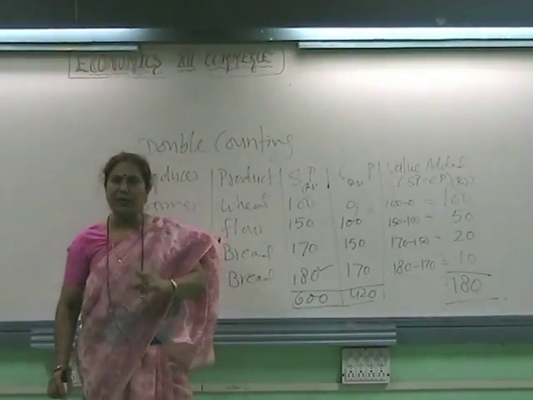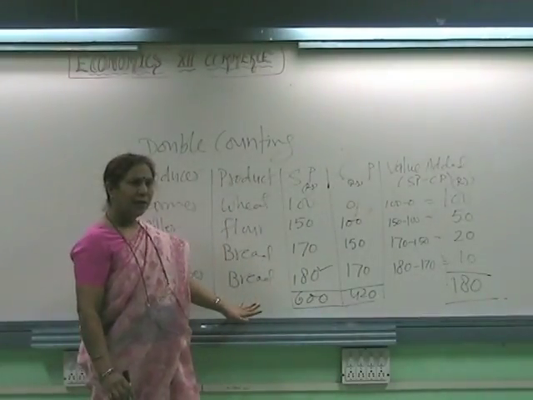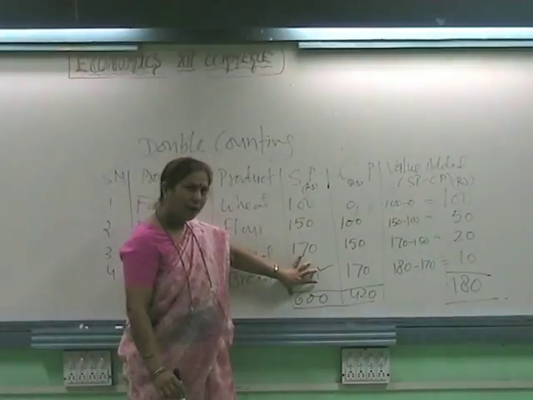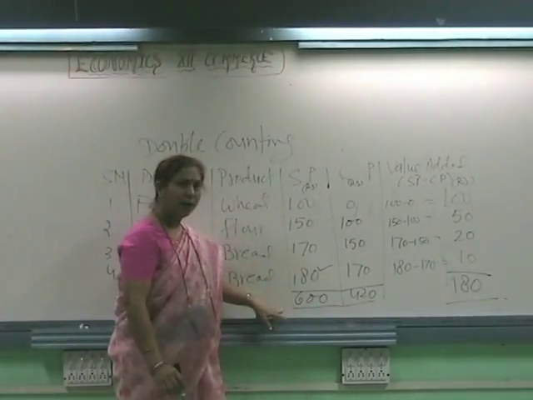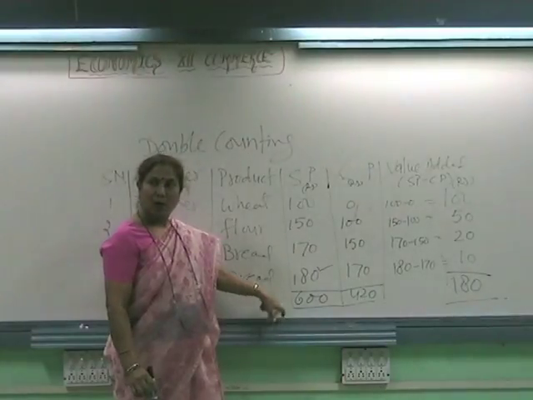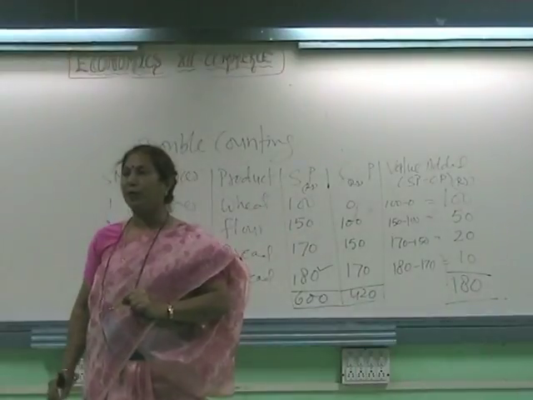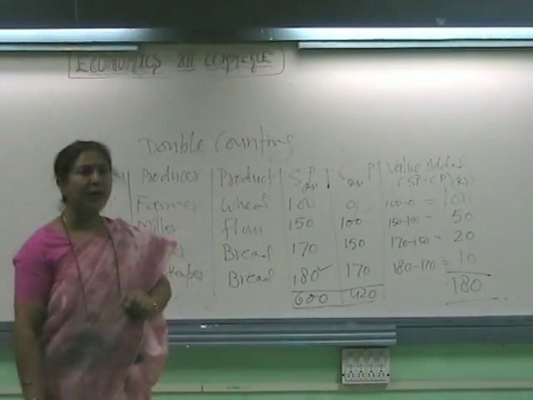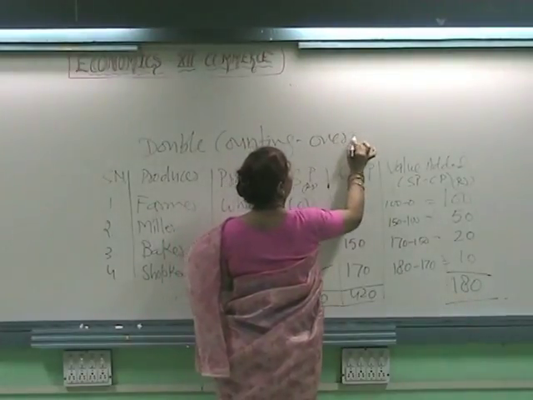According to the definition of national income, in this example it is the value of only 180. But if you add all the selling prices, it is 600, which is on the higher side. So what is the impact of double counting? Double counting leads to overestimation of national income.